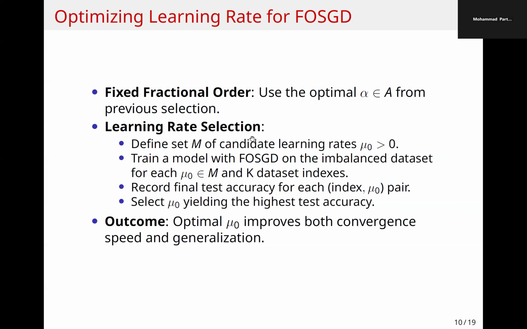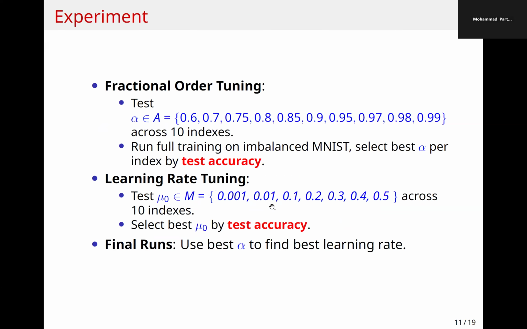After that, we train a model with fractional order SGD on an imbalanced data set for each mu naught in the set of M. By doing this, we can record the final test accuracy for each pair of index and mu naught, and at the end, we select the mu naught yielding the highest test accuracy. So by doing this, we get the optimal learning rate, I mean mu naught.